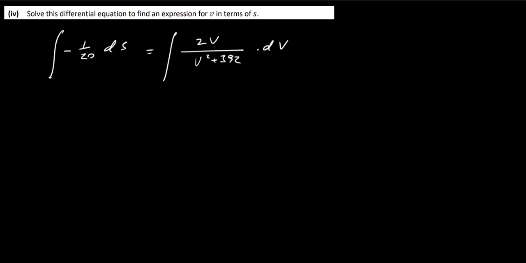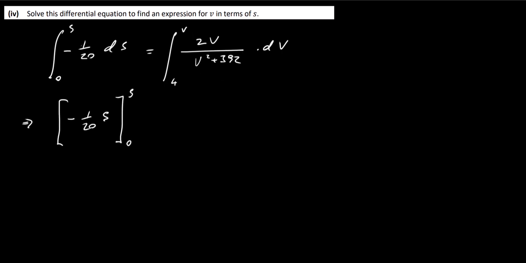We know that the velocity was 4 at 0 displacement. I'm going to put v here again and s here. So let's work out the left hand side first. The integral of 1 over 20 ds will just become minus 1 over 20 s, and we've got to put in our limits from 0 to s.